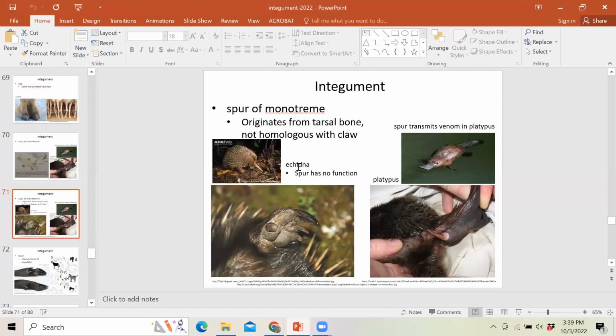The echidna also has a spur. However, it is vestigial. So the common ancestor of the echidna and the platypus presumably had a spur with venom function, but in the line leading to the echidna, that was lost. Kind of like the way we're losing our back molars, what we call our wisdom teeth. Okay, the next video will be on the hoof.